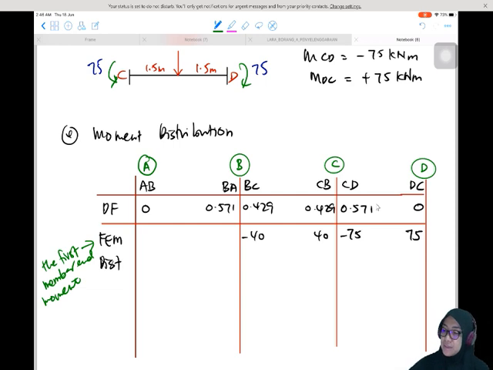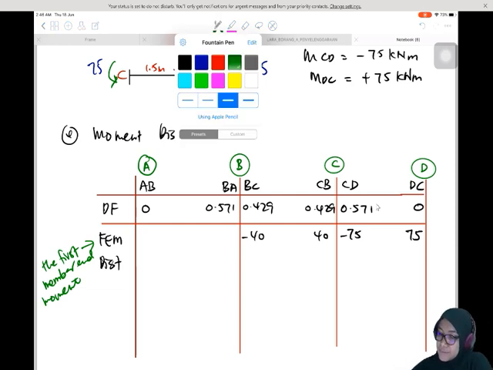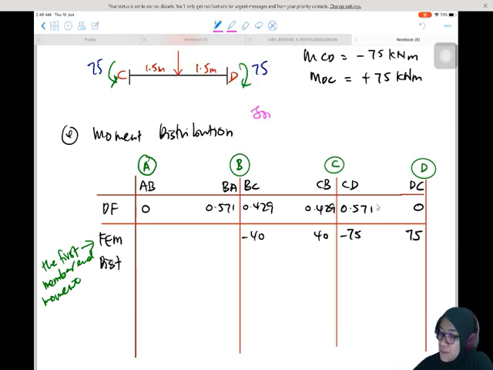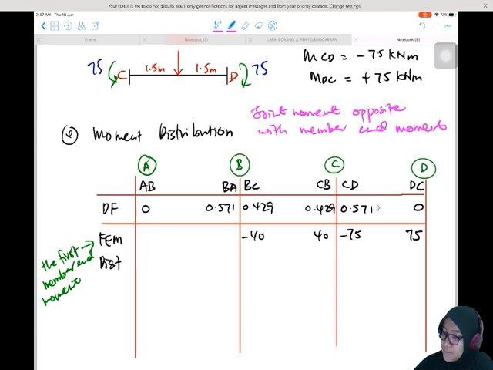Remember this thing? Joint moment is opposite with member end moment. It is opposite.